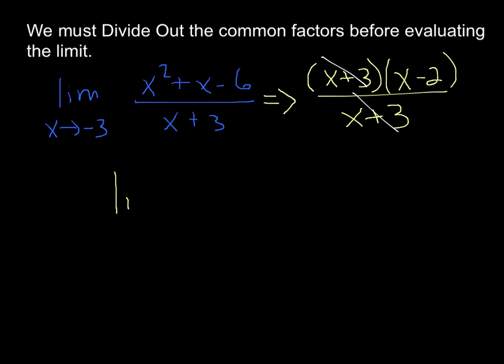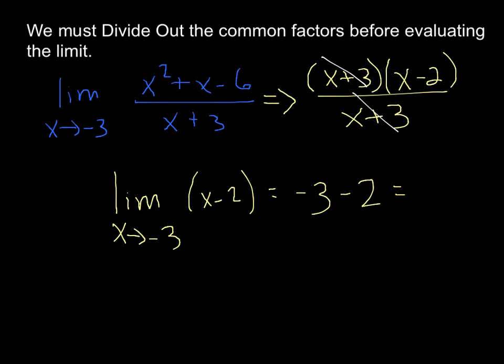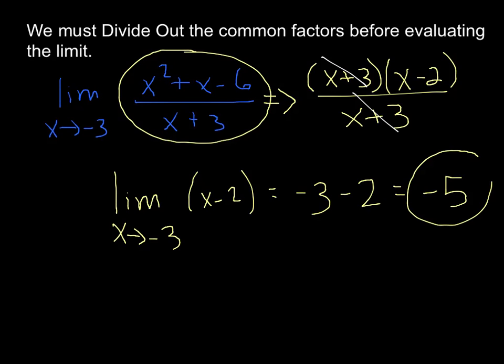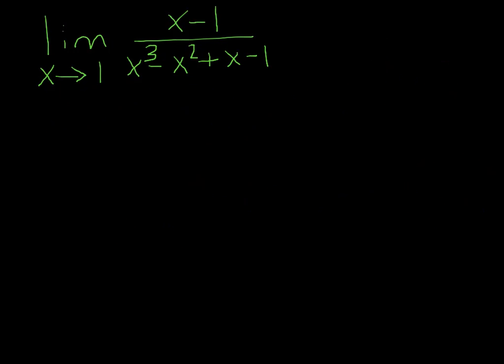And what I'm left with is the limit as x approaches negative 3 of x minus 2. So now, if I put in negative 3 minus 2, I get negative 5. Okay? So the limit of this function, x squared plus x minus 6 over x plus 3, is actually equal to negative 5. Okay? Next example.